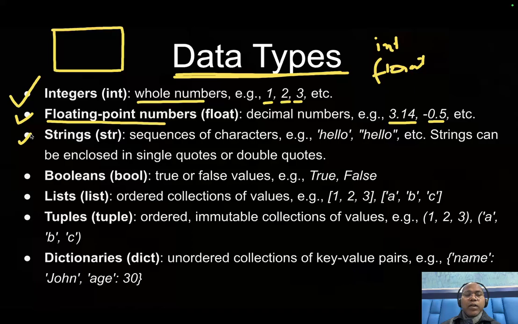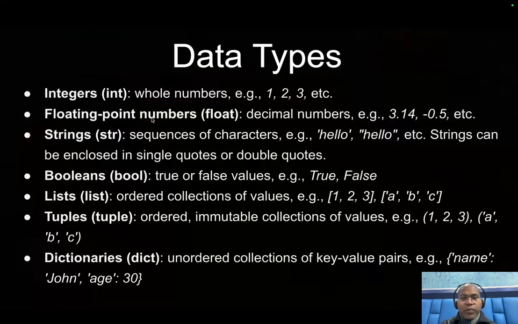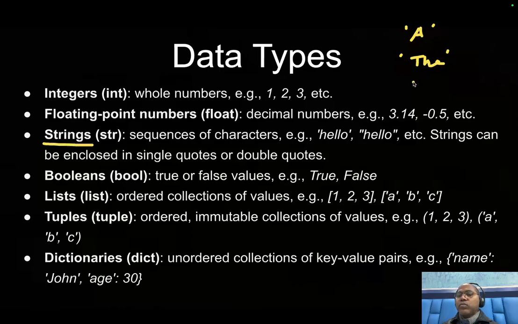Similarly, you have the string. In real life we generally say sentence, word, character, or alphabet. In the Python programming language, such text is considered a string. A string can be one letter, written in single quotes. It can be a word, written this way. Or even a sentence like 'this is a test'.